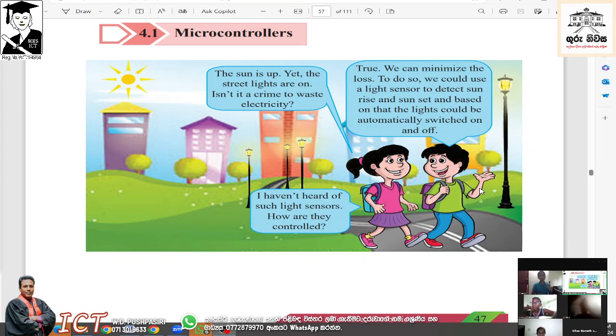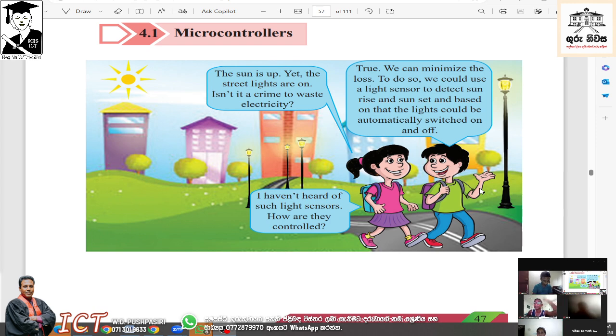Yes, girl, Janu. The sun is up, yet the street lights are on. Isn't it a crime to waste electricity? True, we can minimize the loss to do so. We could use a light sensor to detect the sunrise and the sunset, and based on that light could be automatically switched on and off.